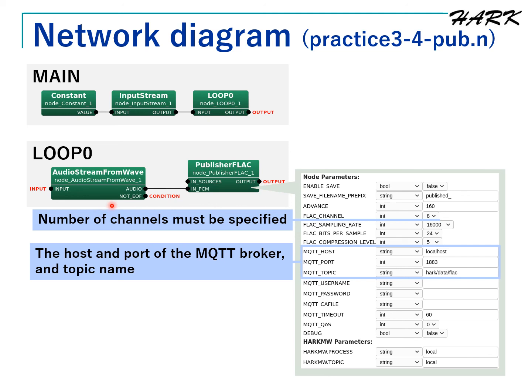This node reads the audio signal from a waveform file, and then this node publishes the audio signal by compressing it into FLAC format. In this node, the number of channels must be specified here, and the host and port of the MQTT broker must be specified here.